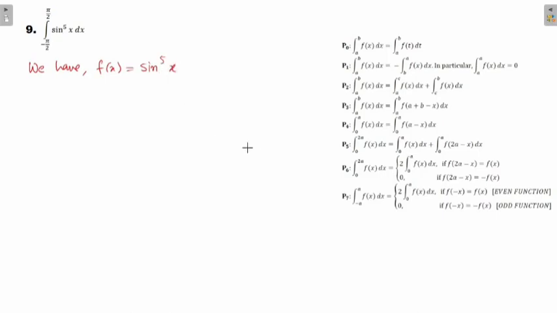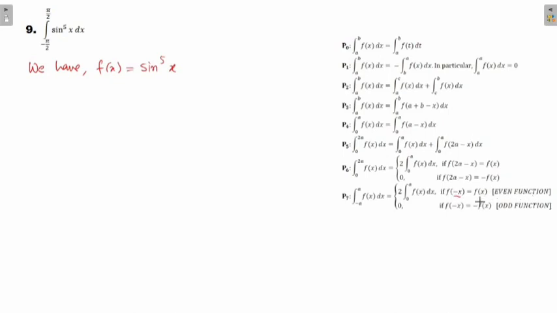Now, first and foremost, we need to check whether this function is an even function or an odd function. Now, what is the meaning of even function? The definition is given here itself. In place of x, you write minus x, and after simplification, if you get f(x), then it is said to be an even function.